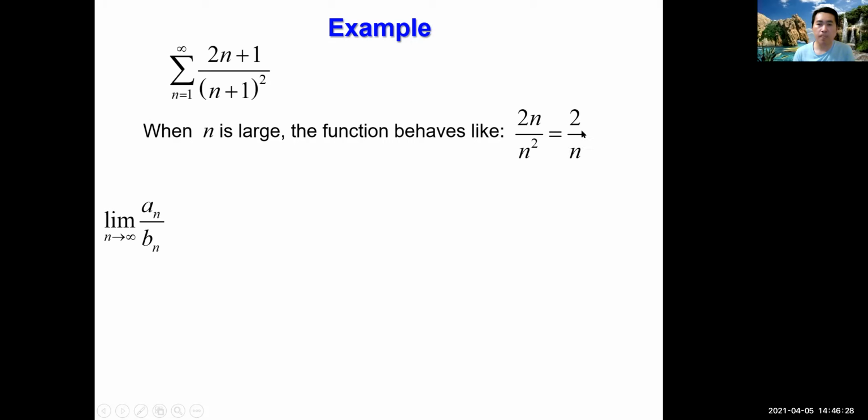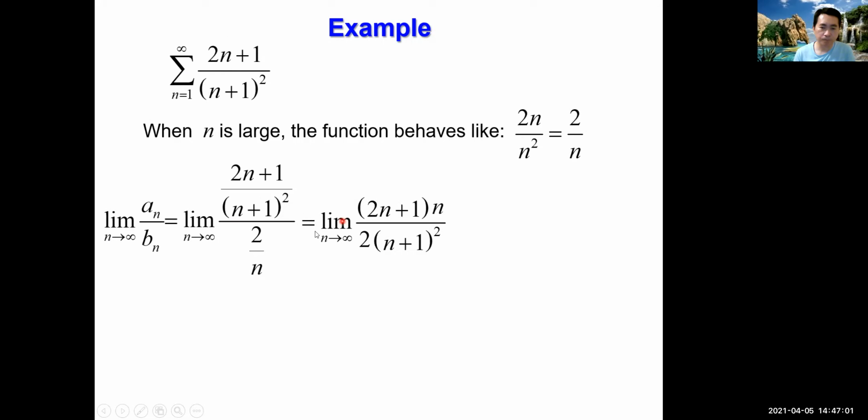So that is the series we come up with. Now we will take the ratio a sub n over b sub n, where a sub n is the one here and b sub n is the one we just came up with. So you form the ratio and take the limit as n approaches infinity. A fraction divided by a fraction means multiplying by the reciprocal, so we times n over 2.